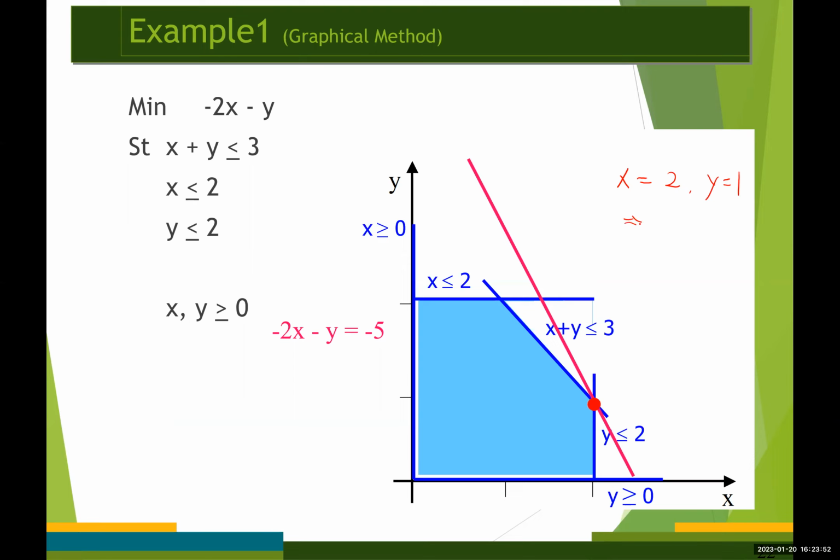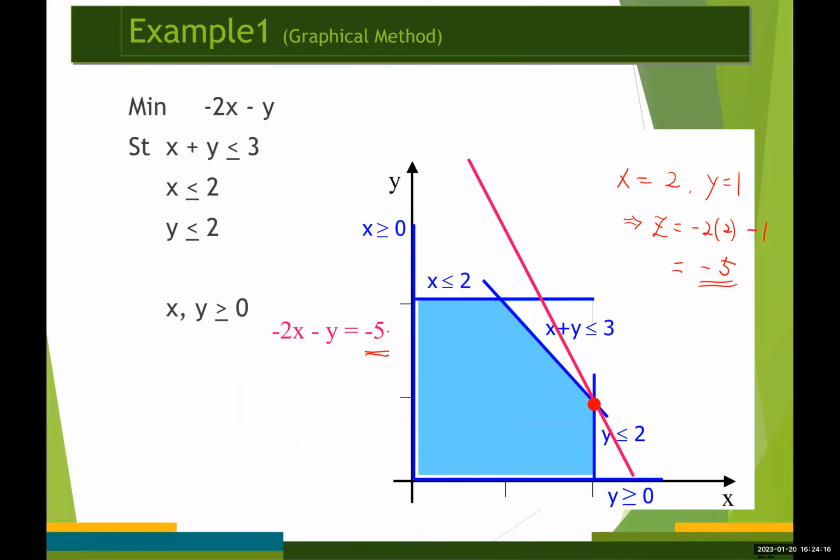And what is the objective function value? -2 times 2 minus 1. How much is that? -5. That's why we have -5 here. Okay, then let me ask you.